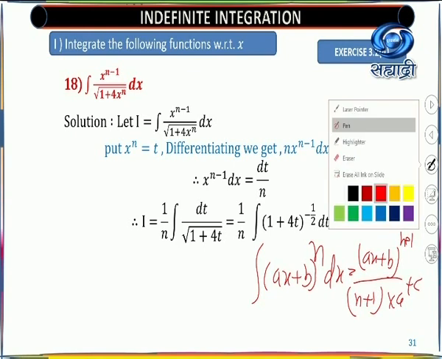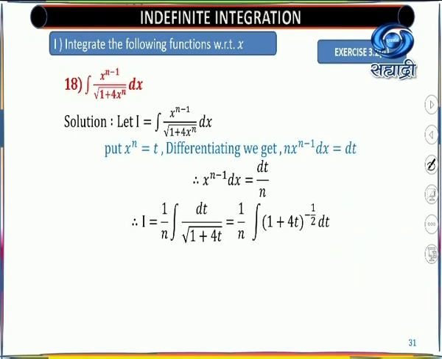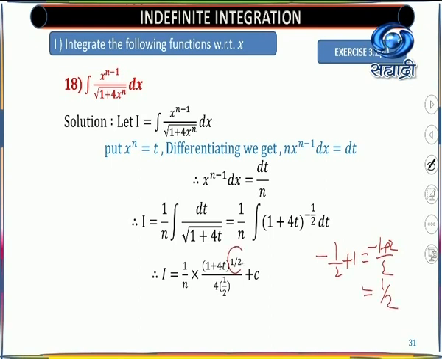So by using that, what you will get? You will get this as 1 upon n as it is. Then you will have 1 plus 4t raised to minus half plus 1, which is nothing but minus 1 plus 2 upon 2, which gives you half. So here you are having half.